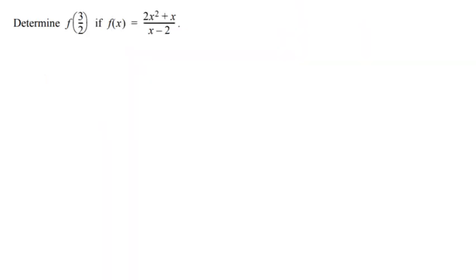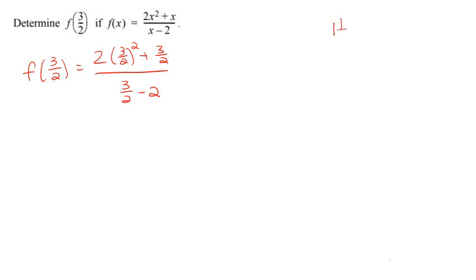18. Alright, same thing. I'm going to write f of 3 over 2. Sub in 3 over 2 every time I see an x. Alright, so I'm going to do a little side work for the denominator. I know 3 over 2 is 1 1/2 minus 2, and that's going to be negative 1/2.